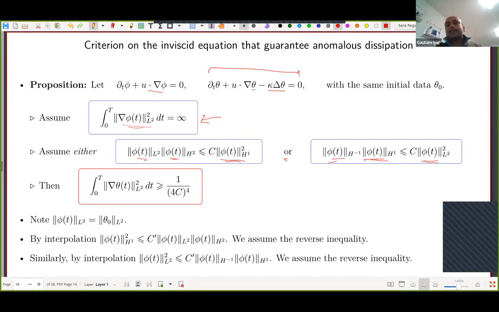If either of these is satisfied, then you get anomalous dissipation. There's a kappa missing over there. You get anomalous dissipation with an explicit constant on the right-hand side.